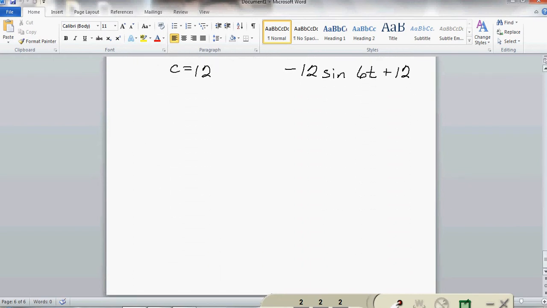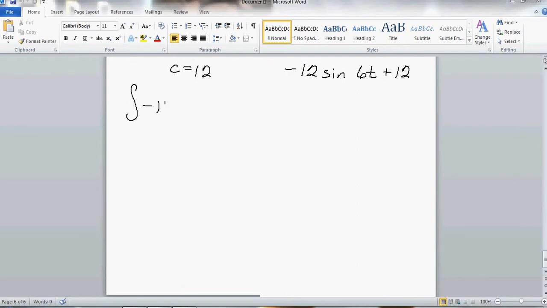Now that's the first derivative. So now we need to integrate again. Negative 12 sine of 6t plus 12 dt. We're going to use the same u and du and all that stuff.